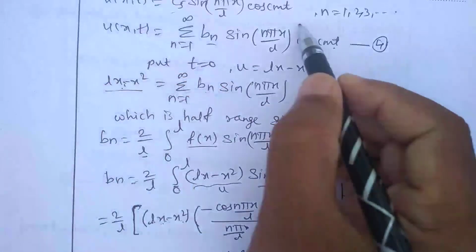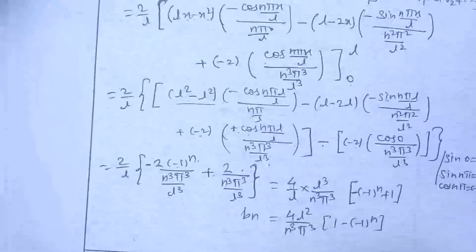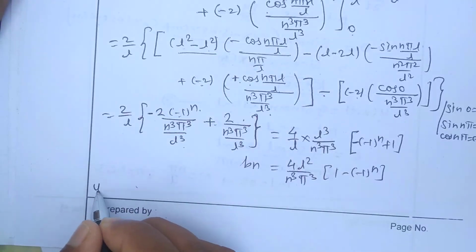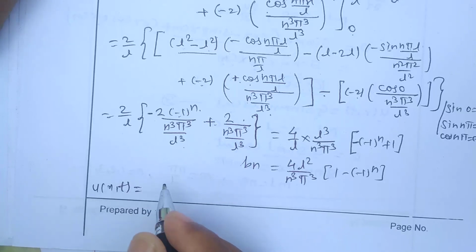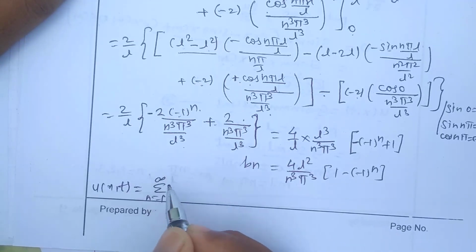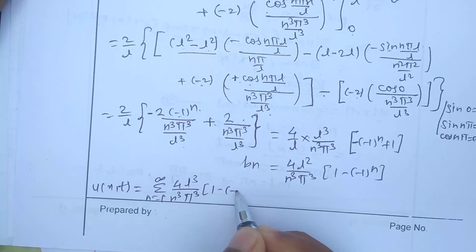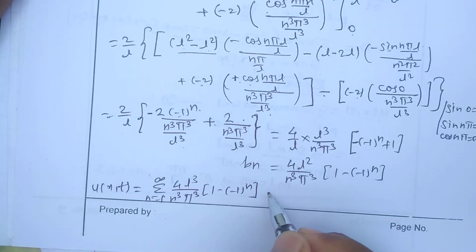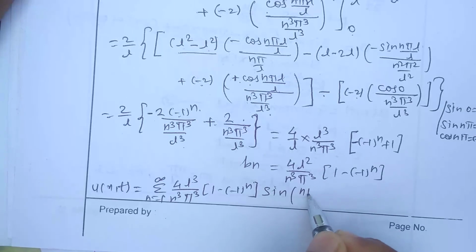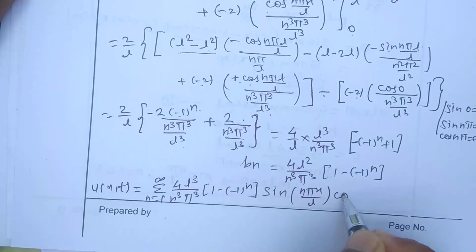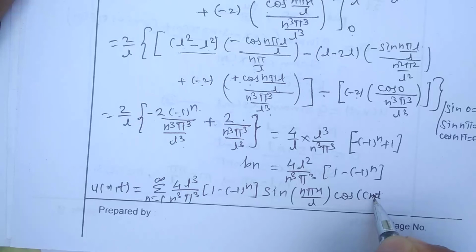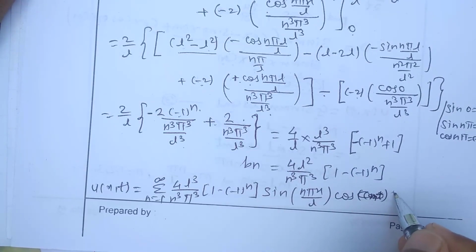So we will get the final answer u of x comma t is equal to summation n varies from 1 to infinity, Bn is 4l cube upon n cube pi cube into 1 minus minus 1 raised to n, into sine of n pi x upon l into cos of cmt. The value of m we have to put here, value of m is n pi by l into t.